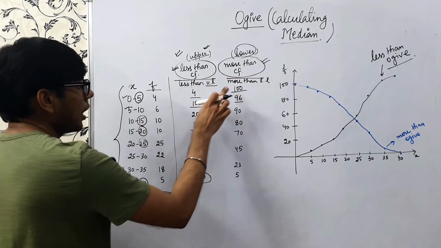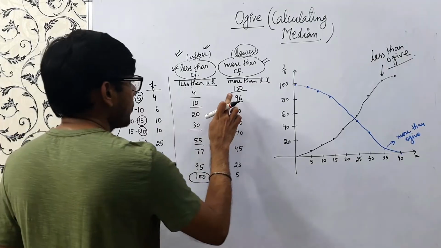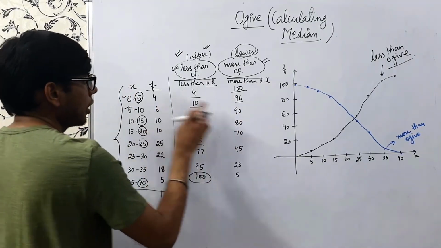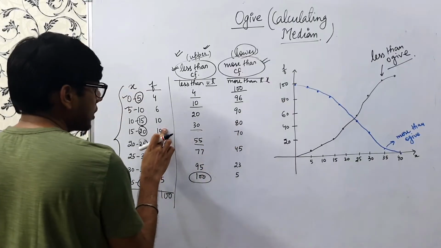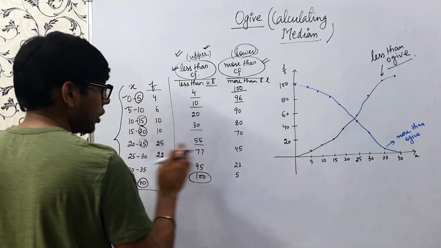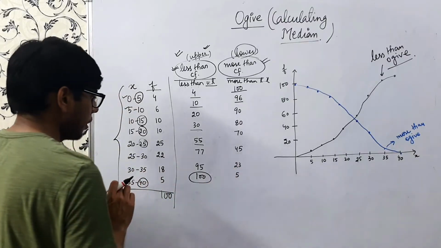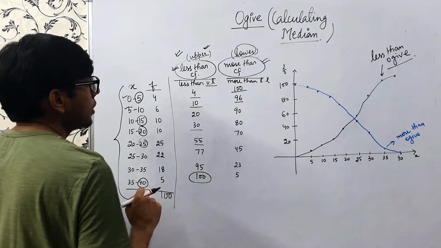Here we were adding, here we will subtract. 100 minus 4, 96. 96 minus 6, 90. 90 minus 10, 80. 80 minus 10, 70. 70 minus 25, 45. 45 minus 20 is 23 and so on. Right? So this is our more than cumulative frequency.